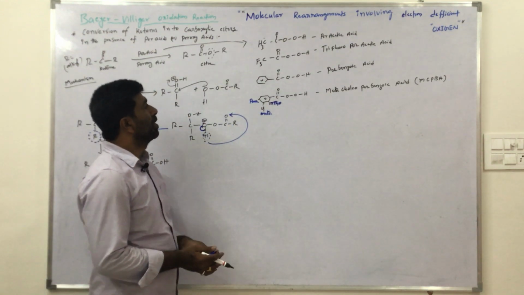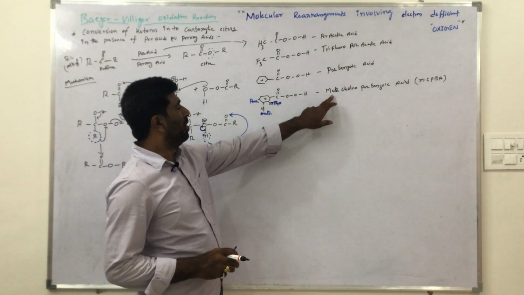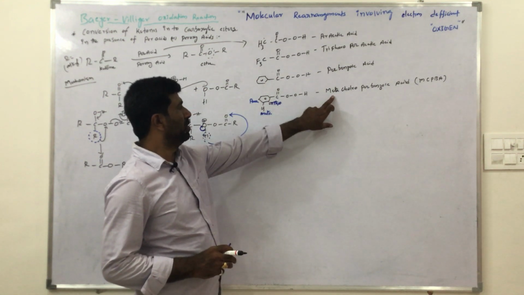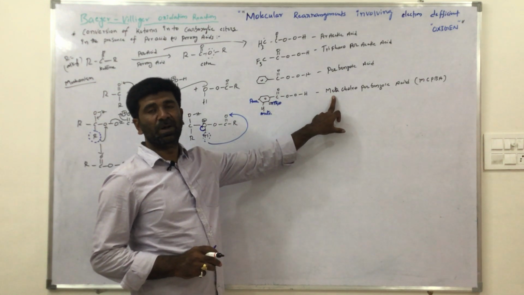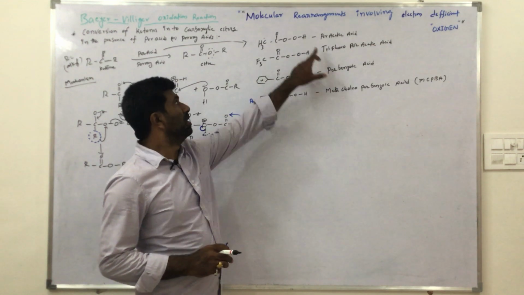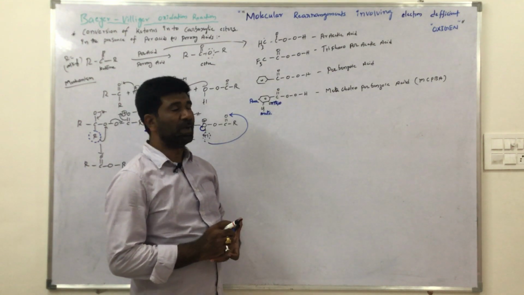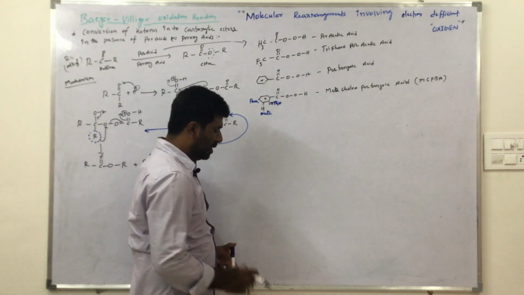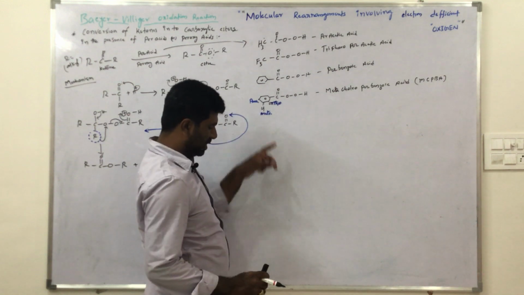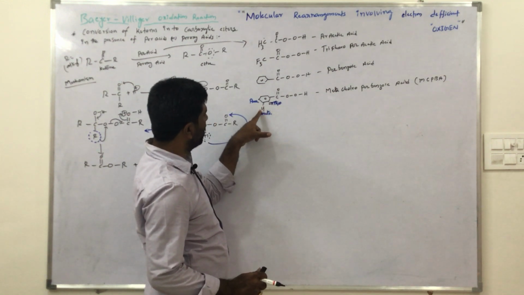In that, meta-chloroperbenzoic acid is the commonly used peracid. Why? Because it is commercially available and cheap in the market, while the others are commercially not available and also very costly. That is the first reason. The second reason is that chlorine is present here, and this is an electron-withdrawing group.